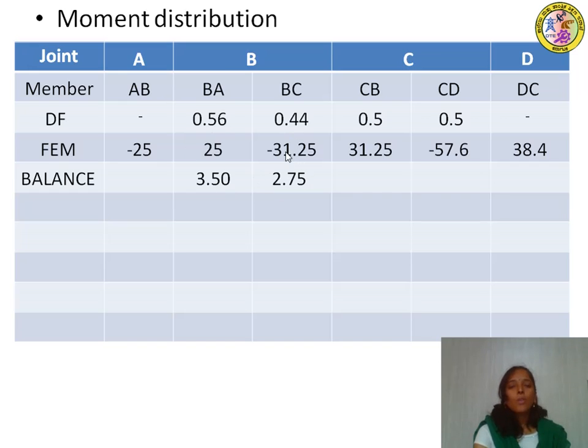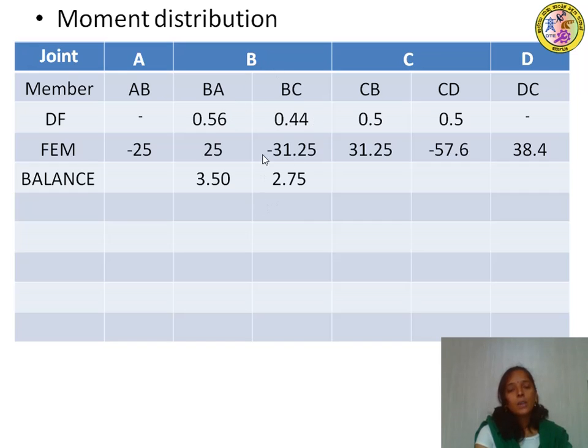Therefore, the difference between the fixed end moments has to be balanced by applying a moment in the opposite direction of the same magnitude. That moment has to be distributed among the members meeting at the joint according to the distribution factors.